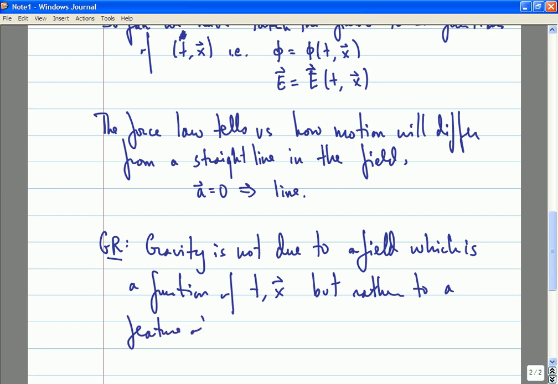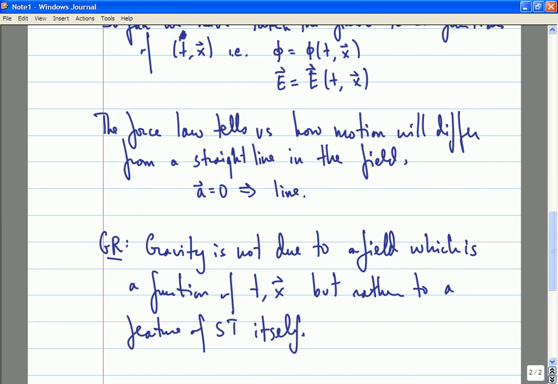So, in your previous studies of classical field theory, space-time has just been a fixed object, a set of points and times that has not had any particular role to play except as the background on which the interesting objects, the gravitational potential and the electromagnetic field, play their game. In general relativity, however, we attribute the existence of gravity not to a field which lives in a fixed space-time, but rather to a feature of space-time itself.